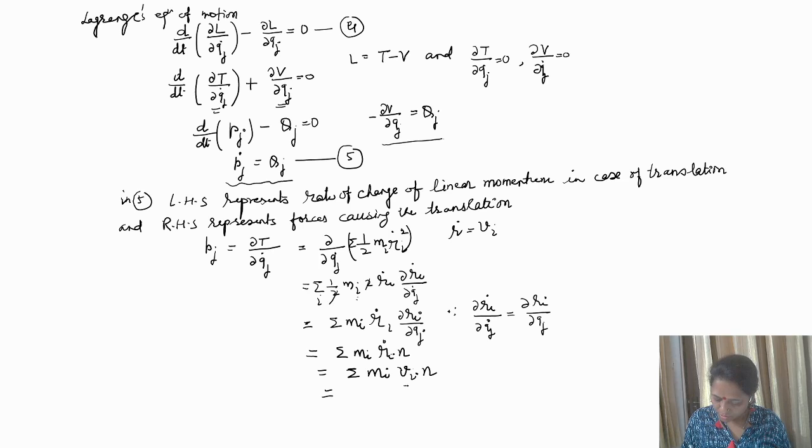Now, mass into velocity means momentum, and if it is having a dot product with n, it is the component of momentum in the direction of n.